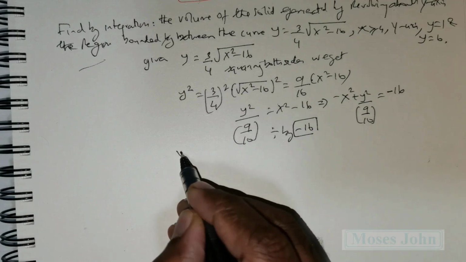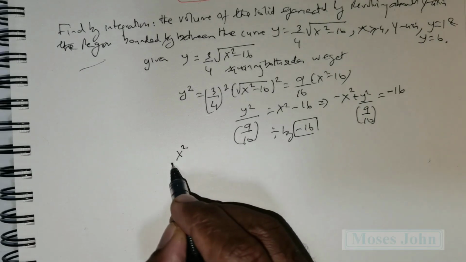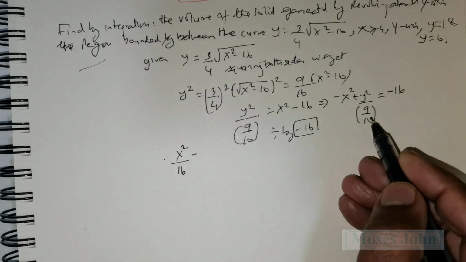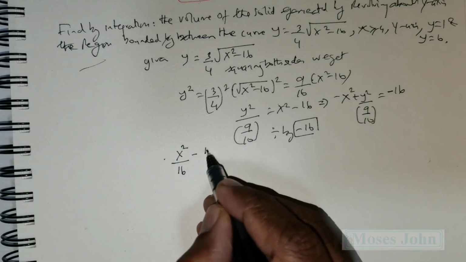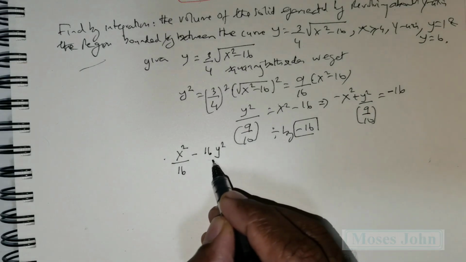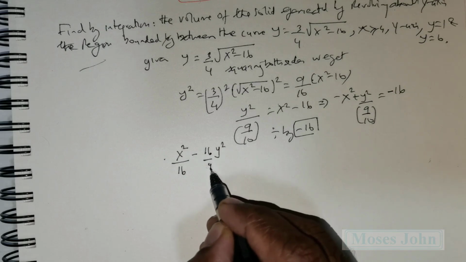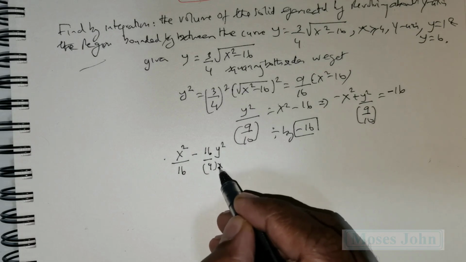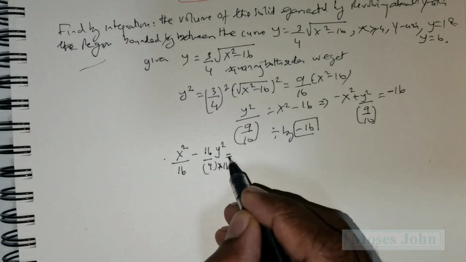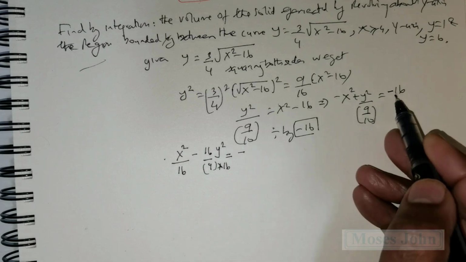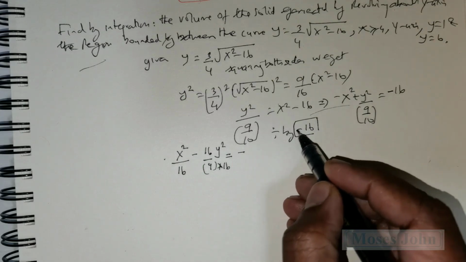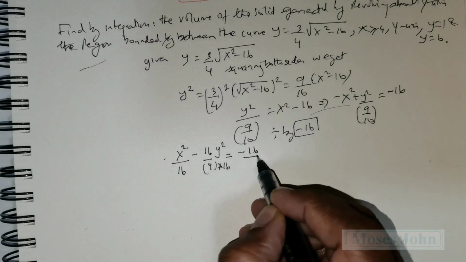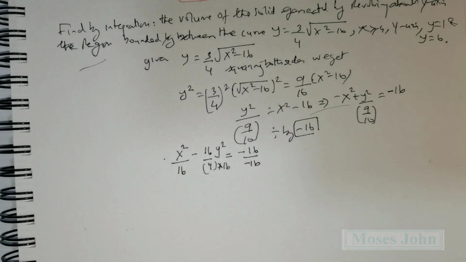I would get x squared with a positive sign divided by 16. Now this is actually 9/16, so I rewrite it as 16/9 times y squared, multiplying the denominator by 16. And on the right side, dividing by minus 16, so it's going to be minus 16 divided by minus 16.